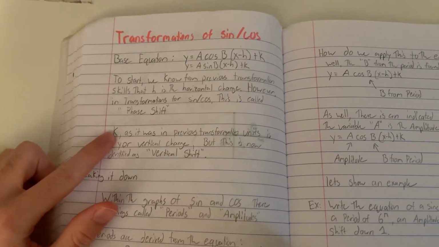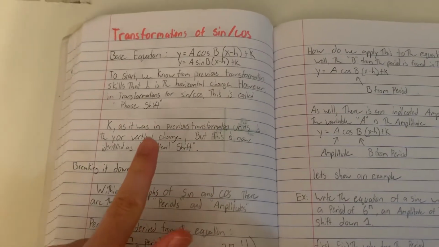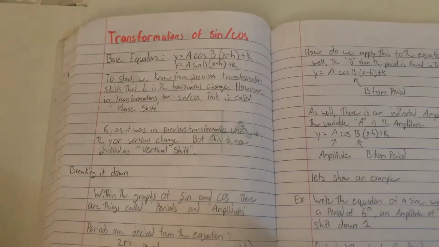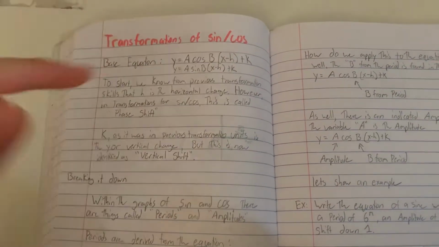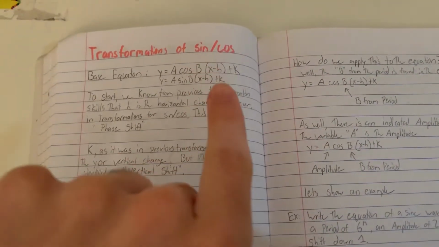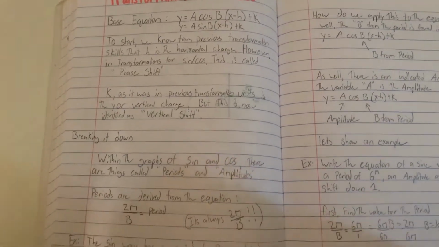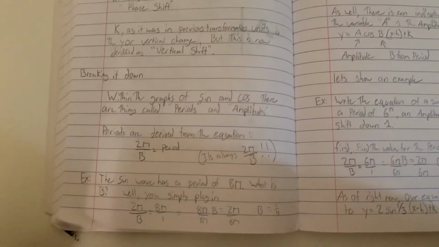Similarly, k, as in the previous transformation units, was called a vertical change. However, now it is called a vertical shift. So h is going to be called a phase shift, and k is going to be called a vertical shift.